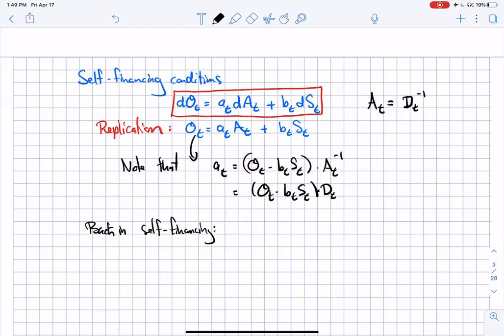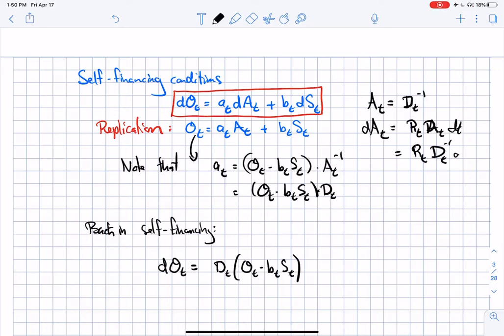Then I get that dO_t is equal to d(D_t)(O_t minus b_t S_t) plus D_t... dA_t. Now dA_t I can write differently: I know it is r_t A_t dt, which is simply r_t D_t to the minus 1 dt. All right, so let's put that in, and you'll see some simplification.